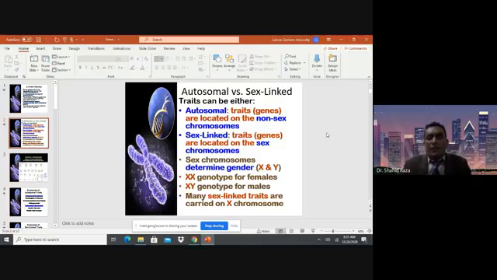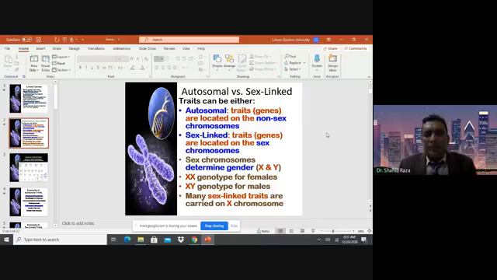When we talk about autosomal genes versus sex-linked genes, we need to understand a few concepts. Traits can be either autosomal or sex-linked.